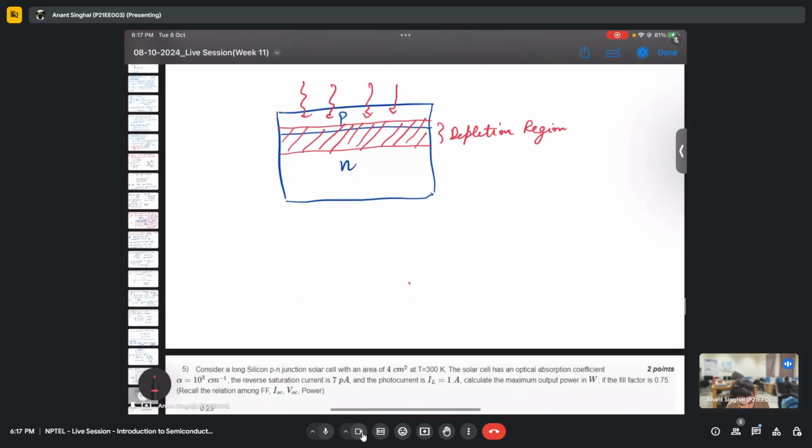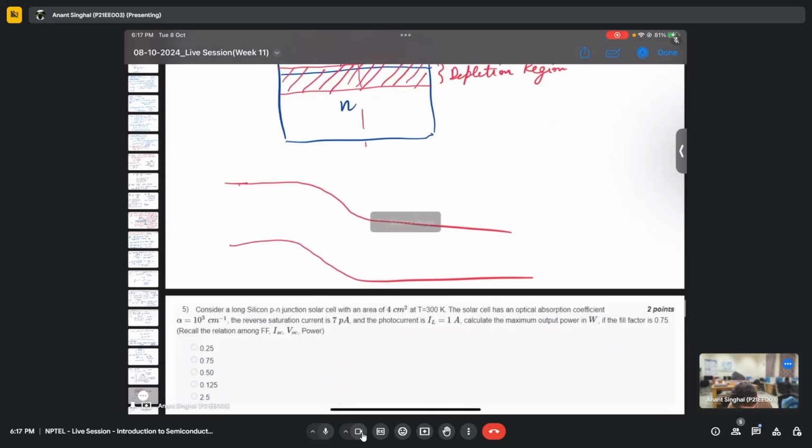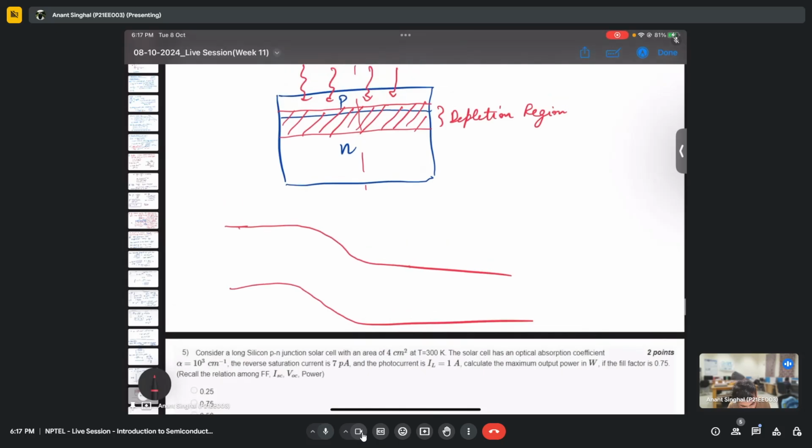So if I try to make the band diagram, I am again making it like this, cutting by this. So at this P and N junction, we will be having some depletion region.